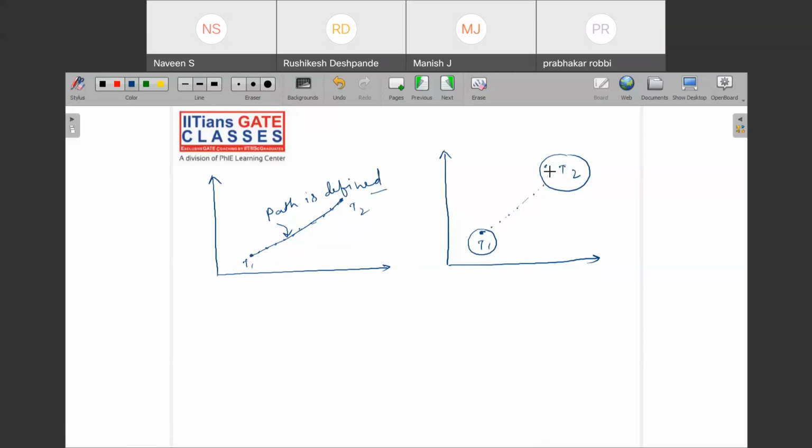So you draw it through a series of dots, but here we can draw it through a solid line. I hope we understand the difference between quasi-static and non-quasi-static processes.